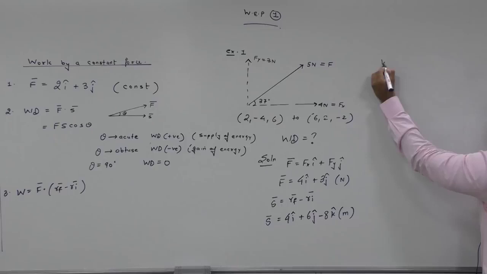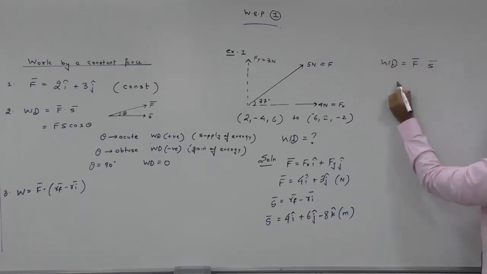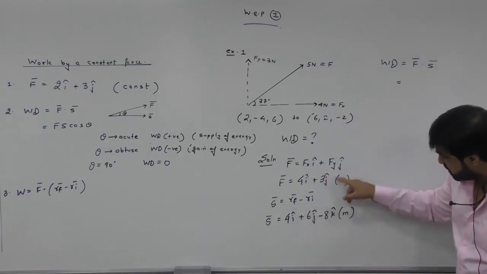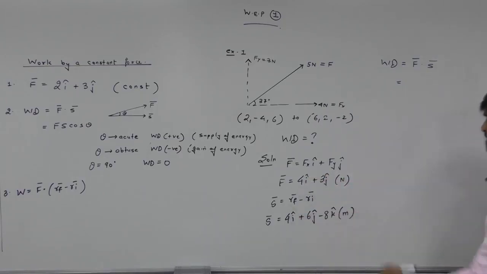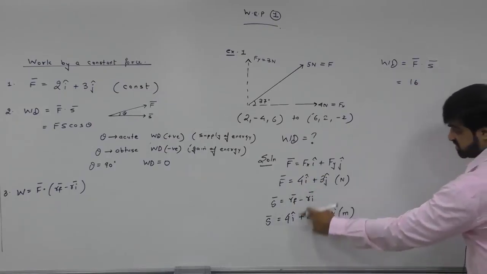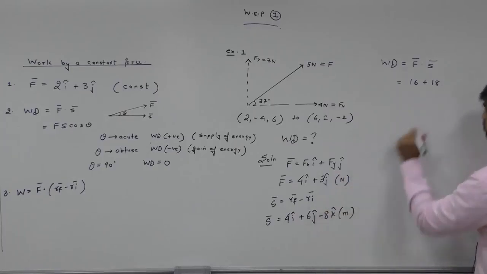And what will be the work done? It will be F bar dot S bar. So F bar with S bar, I with I, J with J, K with K. 4 4s are 16, I dot I is 1. 3 6s are 18. And K is not there, so it will become 0. Understand what's happening?